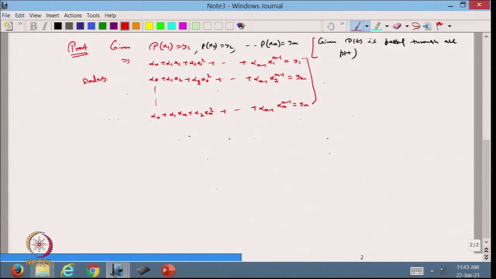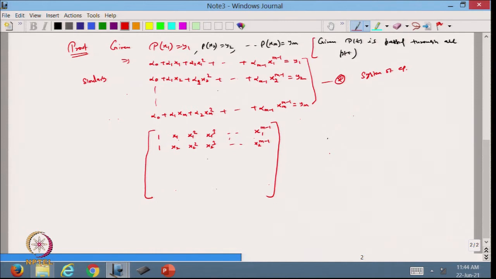So, this is basically, if you see, a system of equations. From here I can write this system as the matrix with rows 1, x1, x1 square, x1 cube, up to x1 raised to power m minus 1; 1, x2, x2 square, x2 cube, up to x2 raised to power m minus 1; and so on, with the last row 1, xm, xm square, xm cube, up to xm raised to power m minus 1.